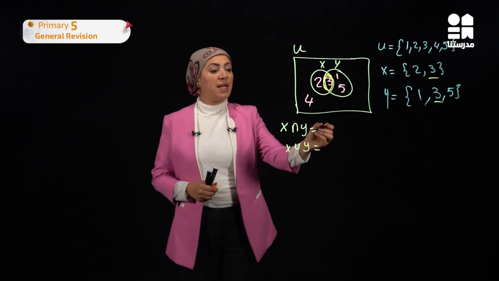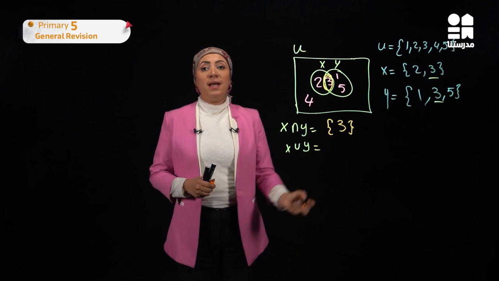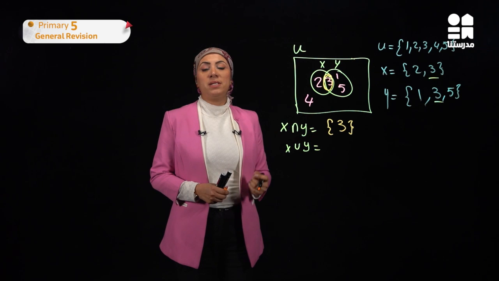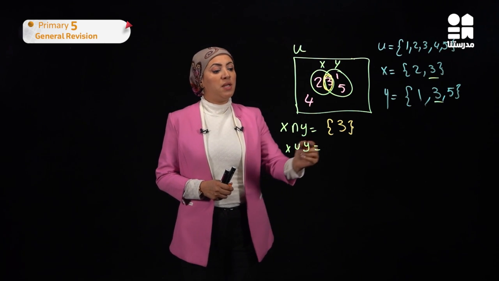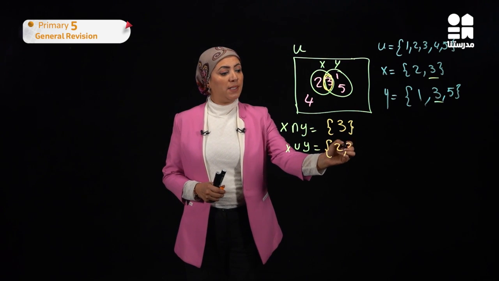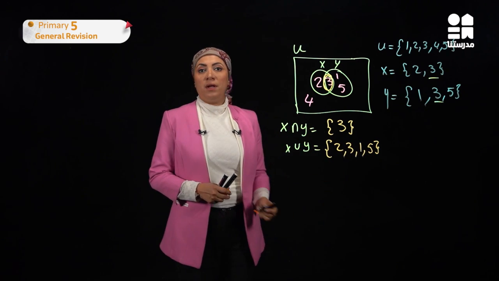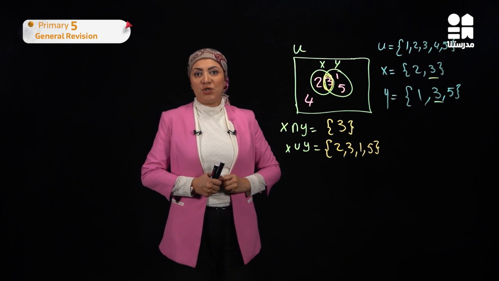So X intersects Y is the set of element 3, and X union Y means all the elements in X and Y without repeating the common elements. So it is the set of elements 2, 3, 1, and 5. Okay, that's it for this question. Let's go back to finish our work.